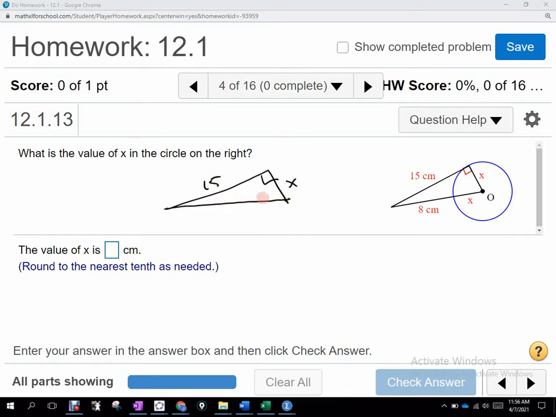Now my hypotenuse, which would be O to that point right there, how long is that hypotenuse? 8 plus x. So if I take the legs, 15 squared plus x squared should equal x plus 8 squared. So we get 225 plus x squared.